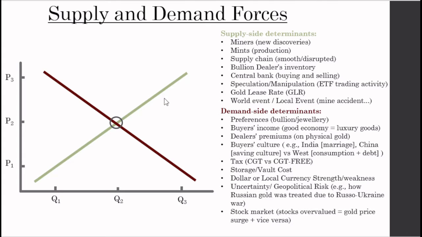Central banks own the most amount of gold in the world, so they are huge players, and whether they are in a net buying position or selling position, they're going to influence prices for sure.